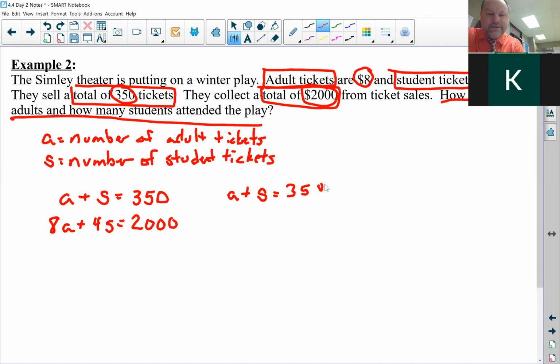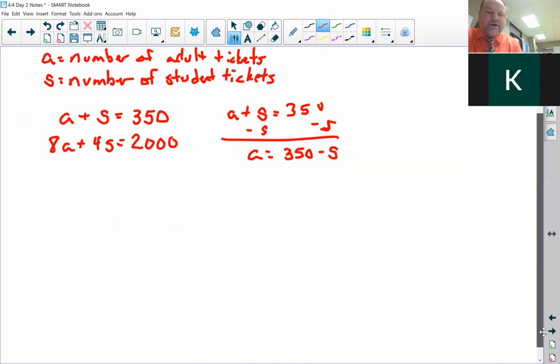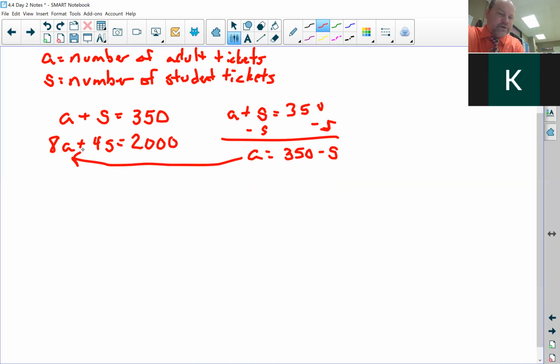Let's solve for A. So I'm going to subtract S from both sides. And now I can substitute what A is equal to into my second equation. So instead of A, I'm going to put 350 minus S.